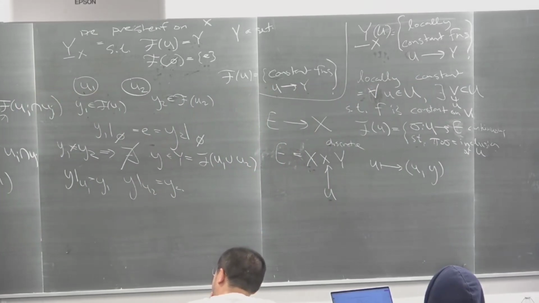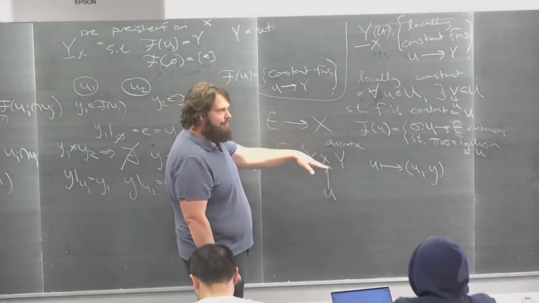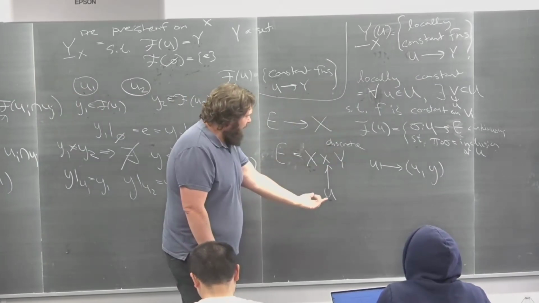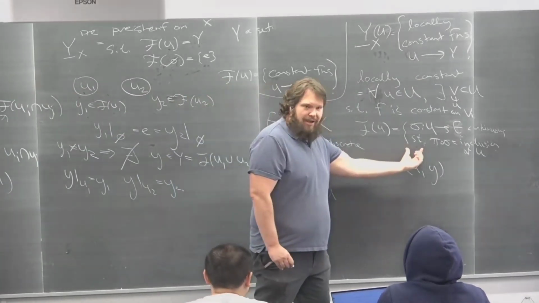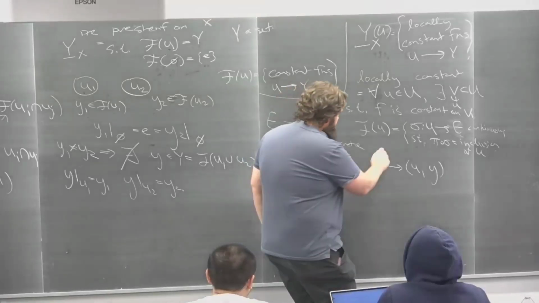So in general, one of the ways of fixing this presheaf thing is to always come up with a space like this. And since these guys are defined by actual continuous functions, this will always be a sheaf.